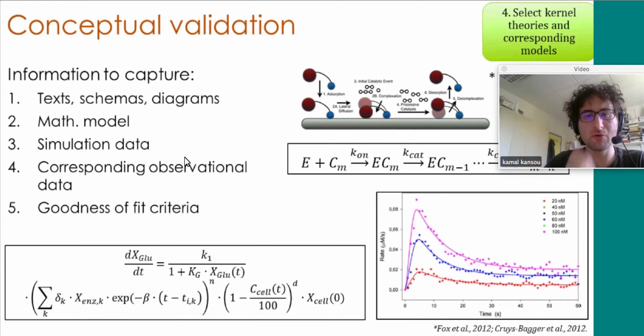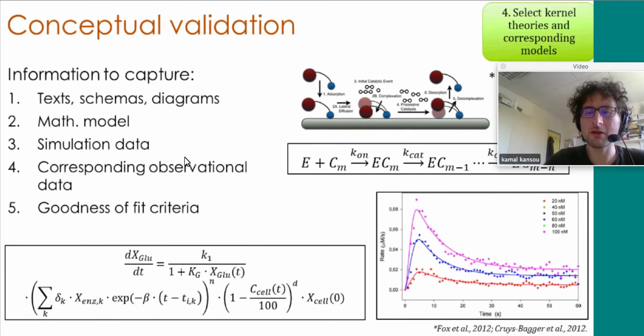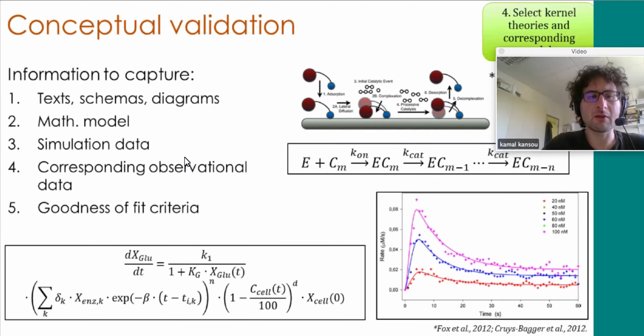If you look at theories in papers, you can see that they are expressed as text, schemas, diagrams, or mathematical models, and they also contain information, I would say contextual information, simulation data, corresponding observational data, goodness of fit criteria, and so on.